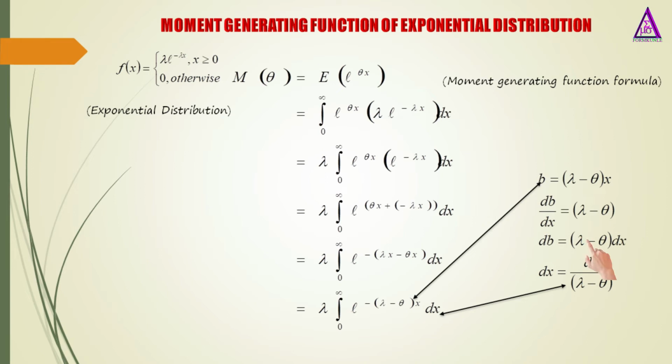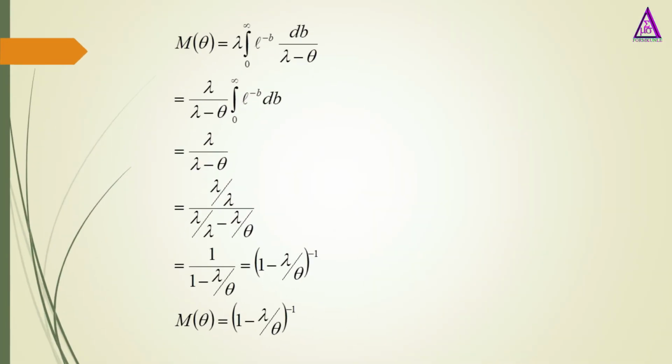So we just divide both sides by lambda minus theta, and therefore dx equals db divided by lambda minus theta. So any place we see lambda minus theta into the bracket x, we represent it with b, and any place we see dx, we write db divided by lambda minus theta, and that is what we have here.